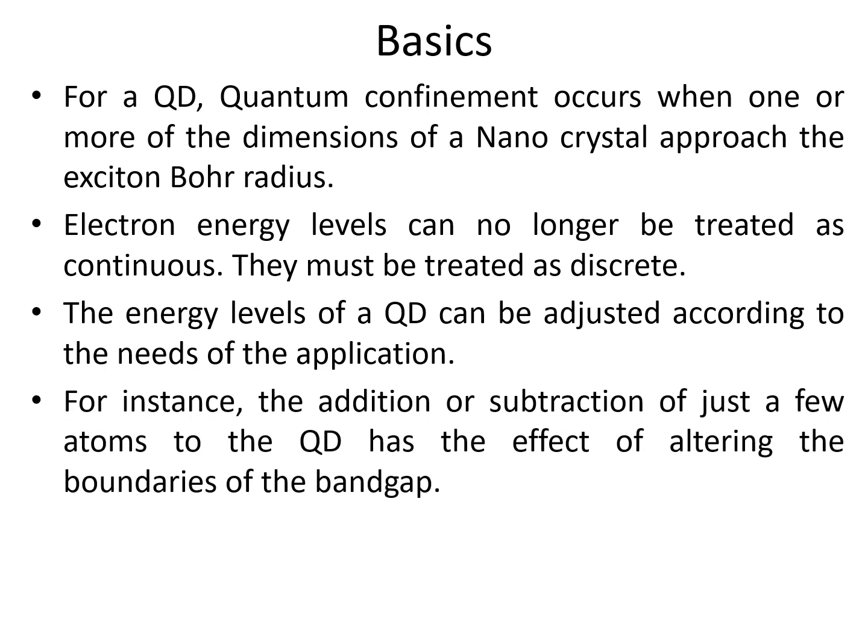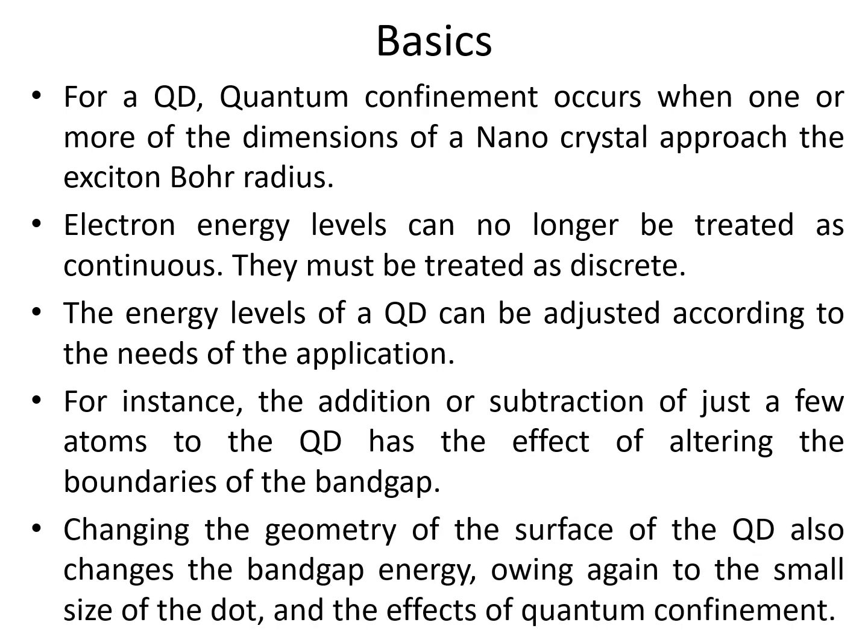The energy levels of a quantum dot can be adjusted according to the needs of the application. For instance, the addition or subtraction of just a few atoms to the quantum dot has the effect of altering the boundaries of the band gap. Changing the geometry of the surface of the quantum dot also changes the band gap energy, owing again to the small size of the dot and effects of the confinement.